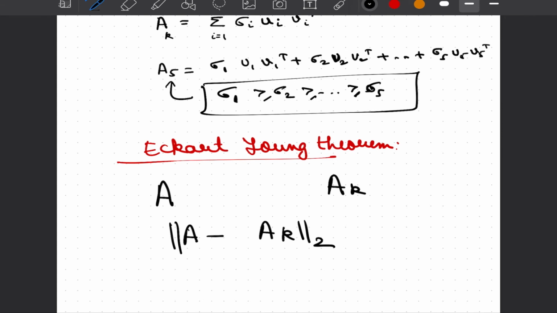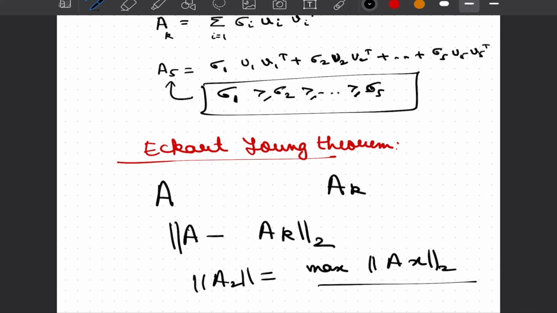The spectral norm of A is defined as the maximum over x of the L2 norm of AX divided by the L2 norm of the x vector.